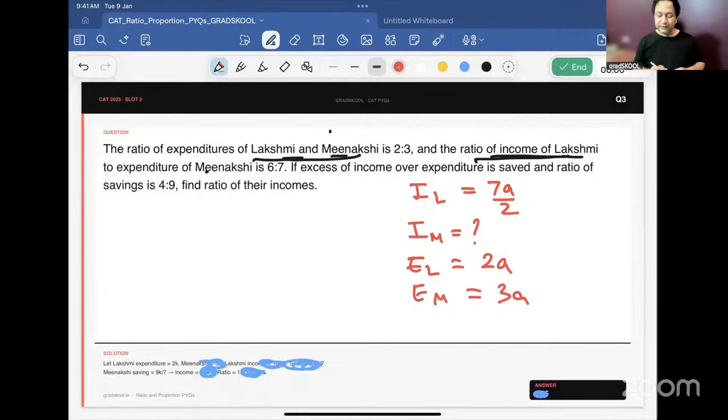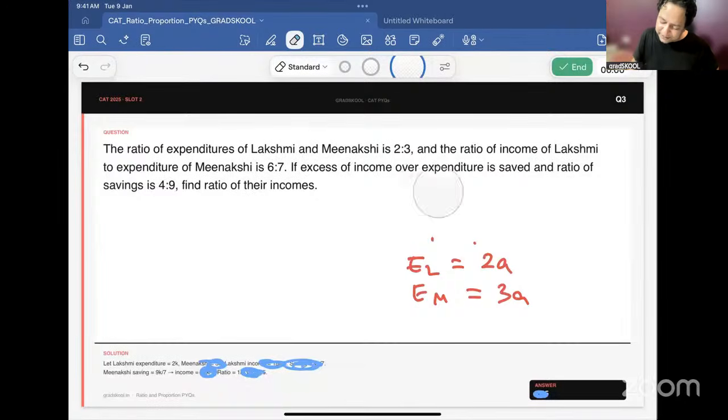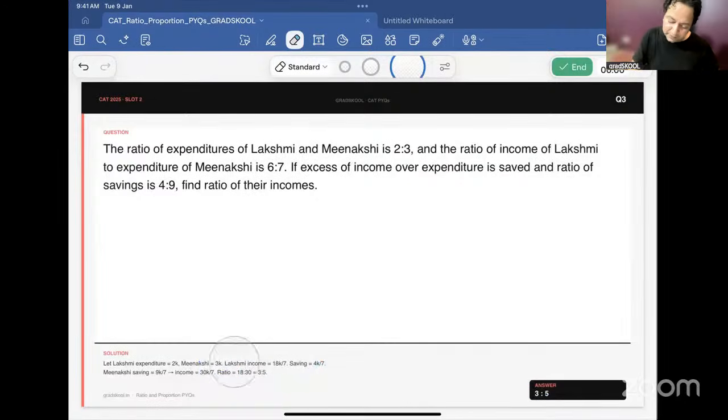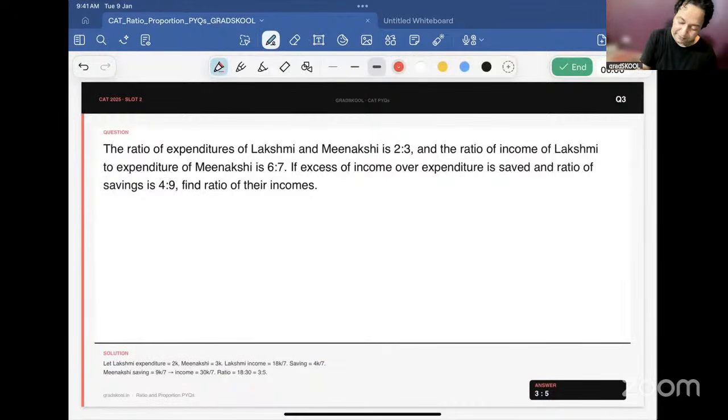Now, it says the ratio of savings is 4:9. Yeah, Vanshaj, I think I have explained that, but let me explain once more.